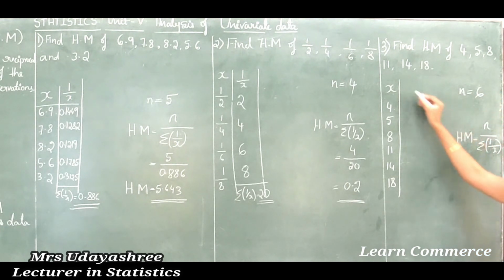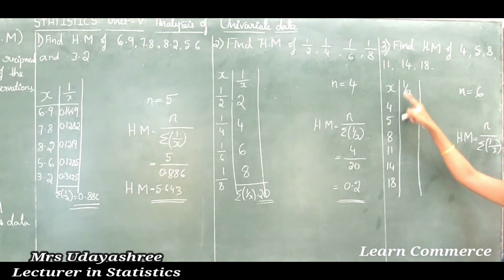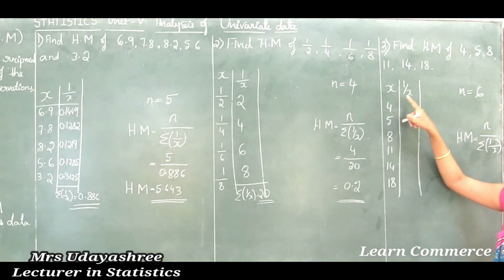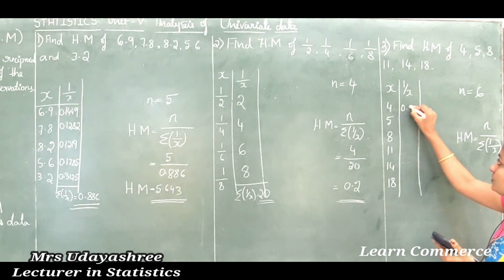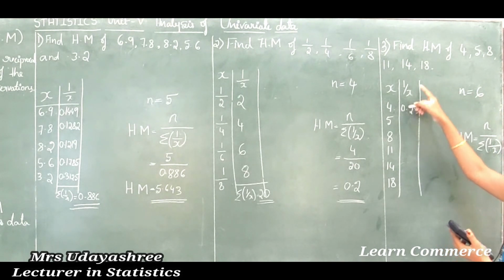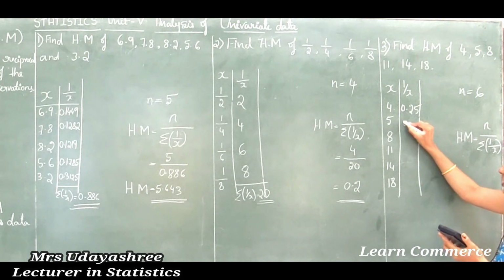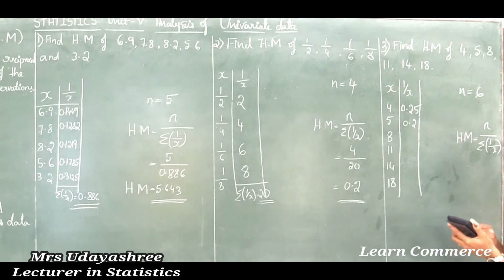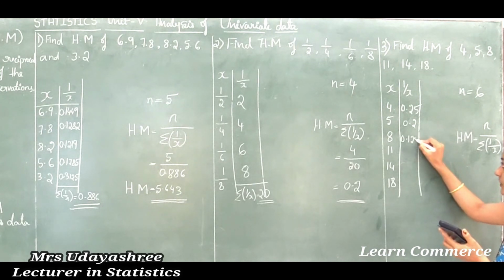And next we need to find 1 by x based on our formula. Here first x value is 4, therefore 1 by 4 is 0.25. Next 1 by 5 is 0.2. Next 1 by 8 is 0.125.